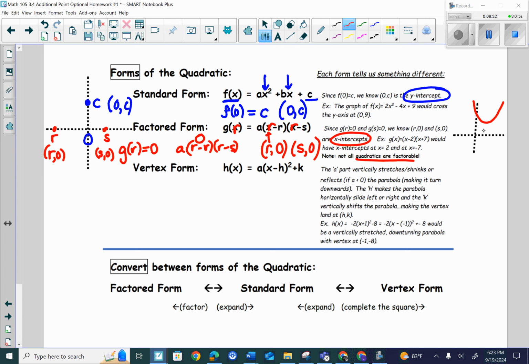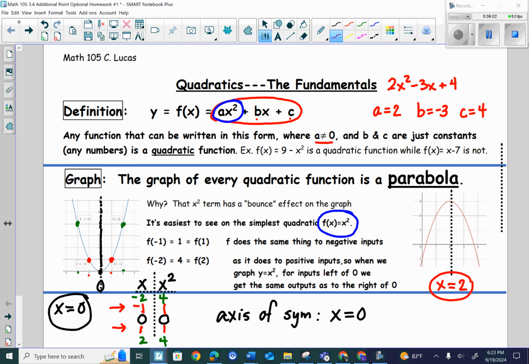Okay? The vertex form looks like this, and this is due to the fact that it's a shifting, more or less, of the parabola. Again, if you think about letting x be h, whatever zeroes that portion out, that's going to be the bottom of your parabola, just like it was in the previous page.